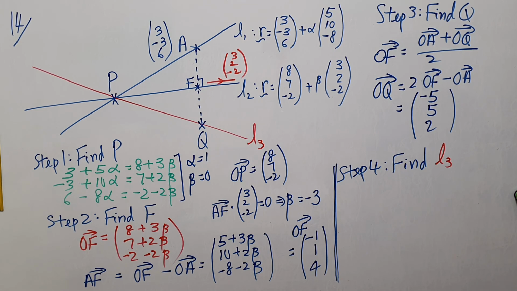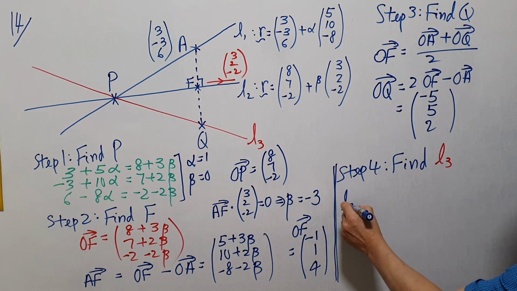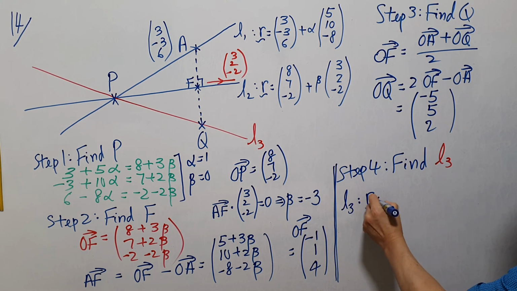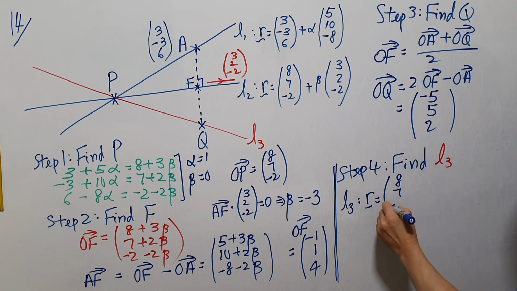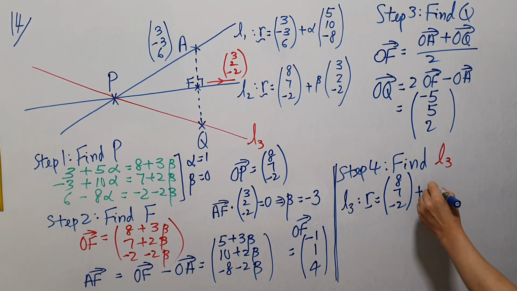So having found the point OQ, I am now ready to finish up and find the line L3 by doing this. L3 is r equals a point on L3, the obvious choice being the point P, which is 8, 7, minus 2, and then a multiple.